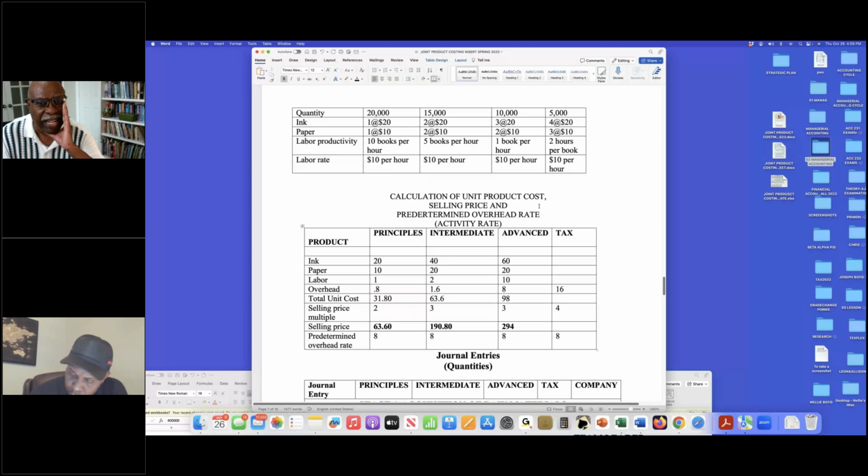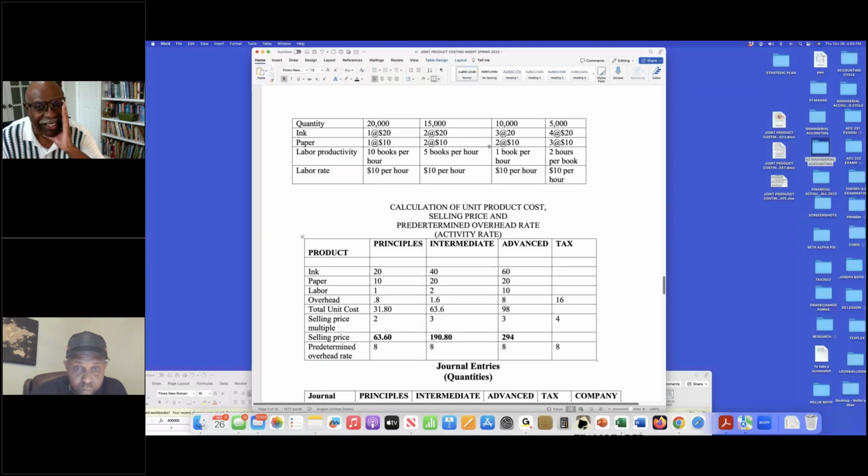How did we get it? It goes 3 times. Let's go figure it out. You got 4 books at 20, I'm multiplying, right? You multiply, so 80 and 30. And then the labor, how do we do the labor again? 2 hours per book, so that's going to be 2 times 10 equals 20. You multiply.